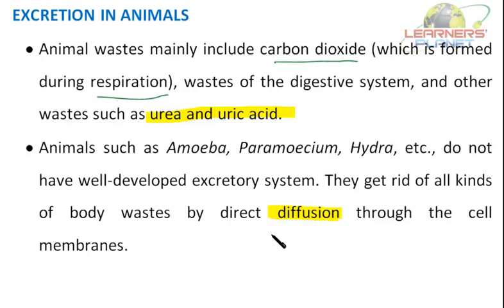So in these animals, there is no well-developed excretory system. There is no specialized organ system. And that is why you must be wondering how these animals get rid of the body wastes. Yes, they get rid of all kinds of body waste by direct diffusion through the cell membranes. Right?